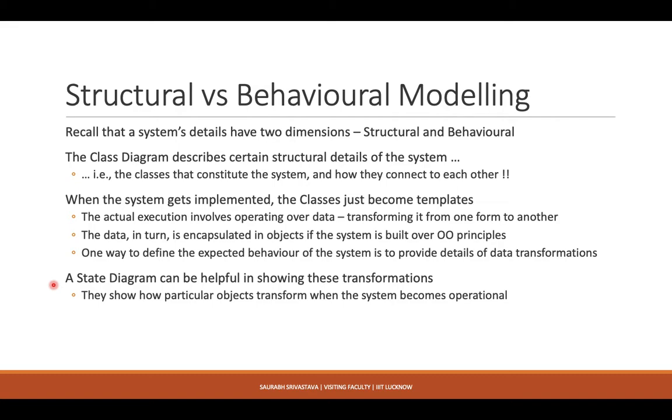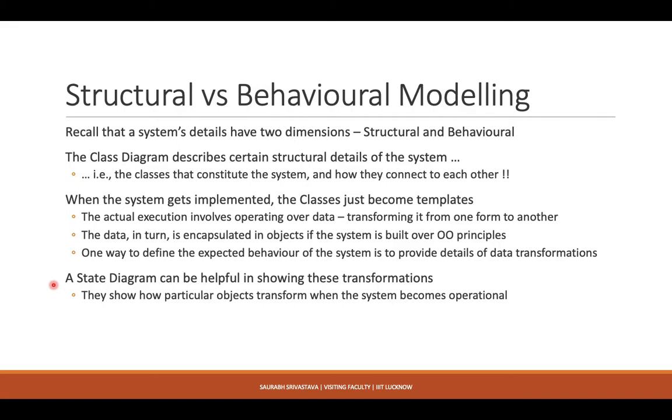But once the system actually starts executing, classes are not really an entity which are seen. When the system executes, you have objects, right? These objects are essentially the instantiations of the classes that you have declared.